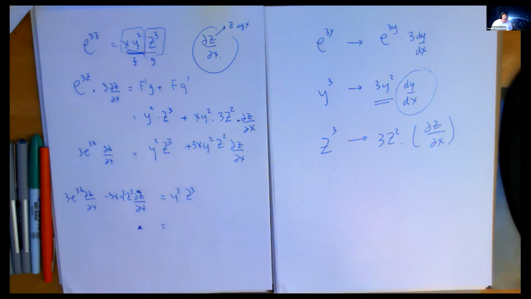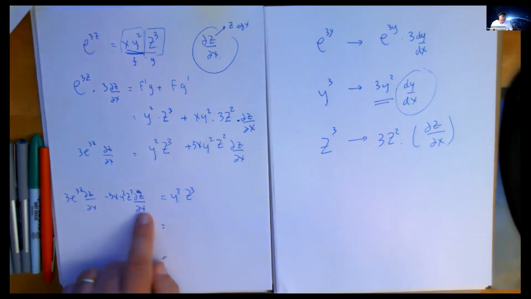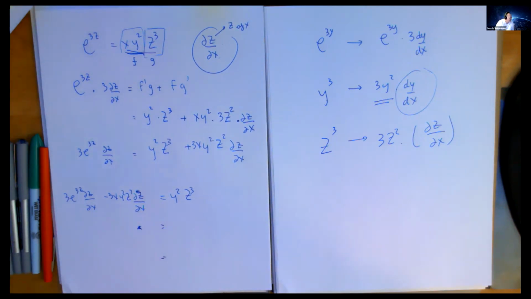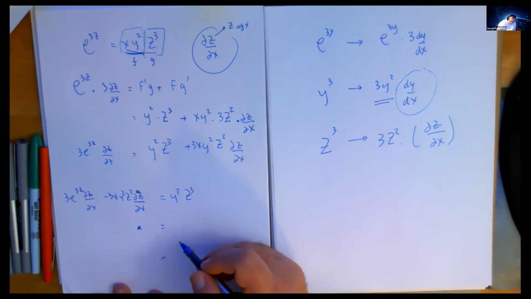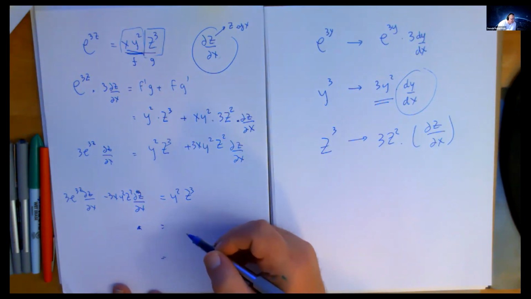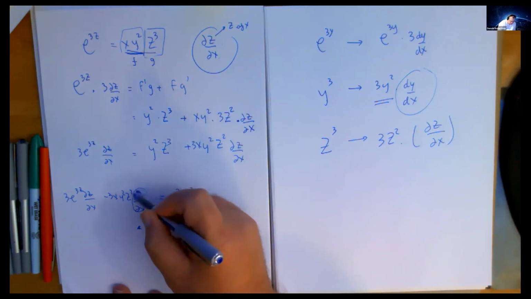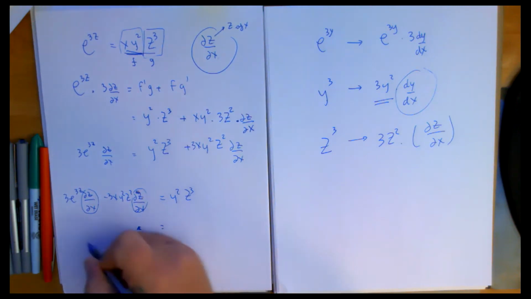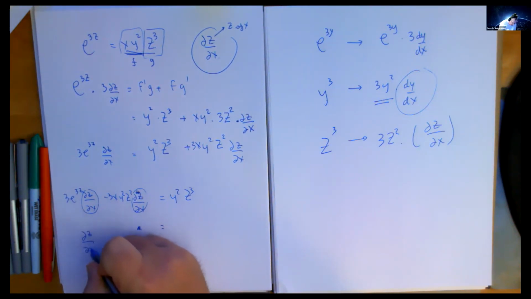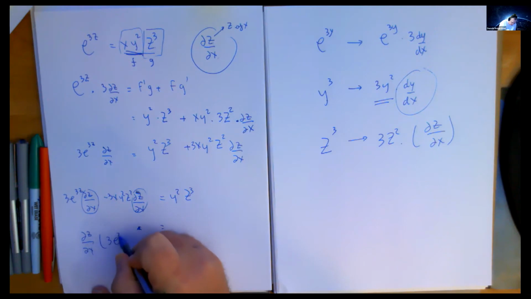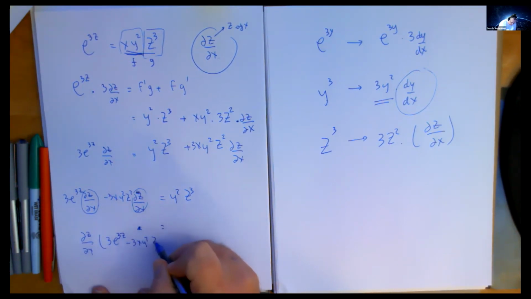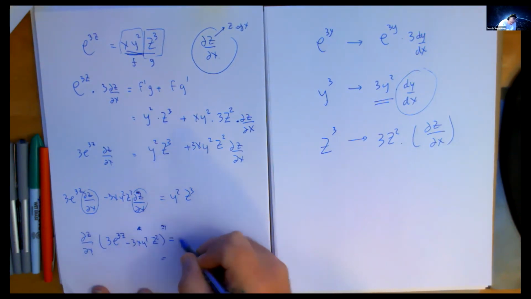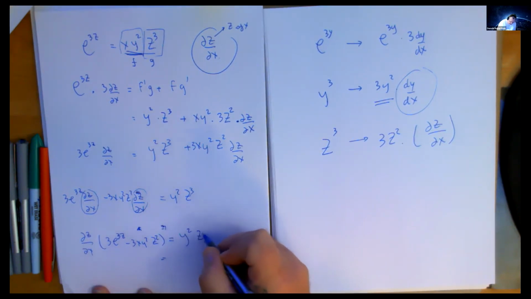What do I do next? Essentially, what do I do on the left-hand side? You pull out the dz/dx as a common factor, and that leaves me that guy. I should wait till I finish before I figure out where my equal signs go.